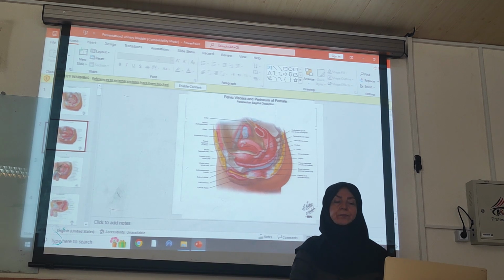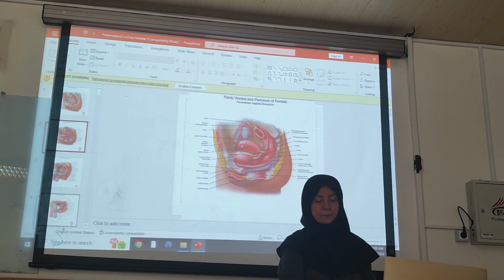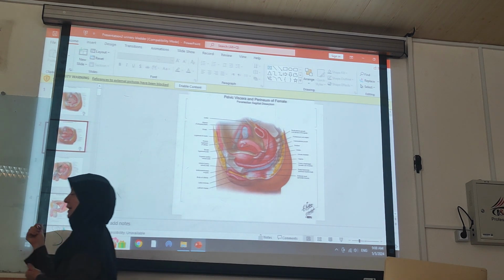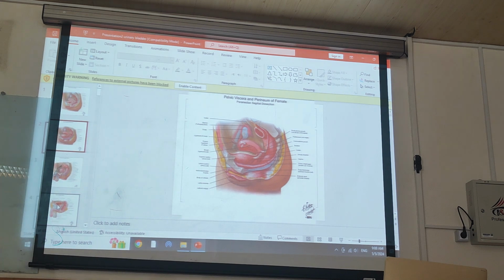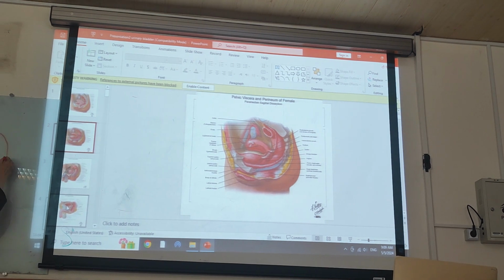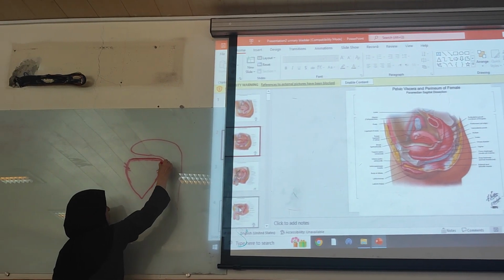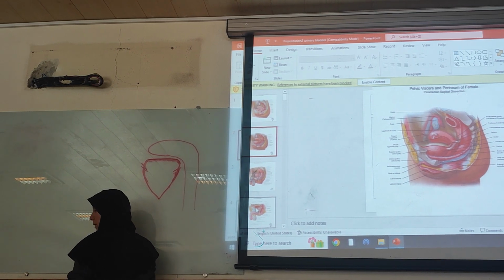Now, to be able to imagine, imagine that here we have the urinary bladder, here we have the uterus and vagina.